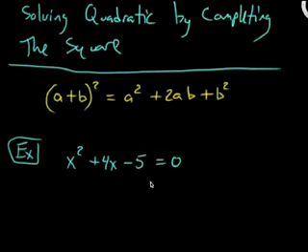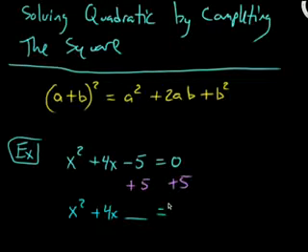So what we're going to do is move the constant to the other side, and I will get x squared plus 4x blank, whatever new c term I'd need to complete that pattern, equals 5.